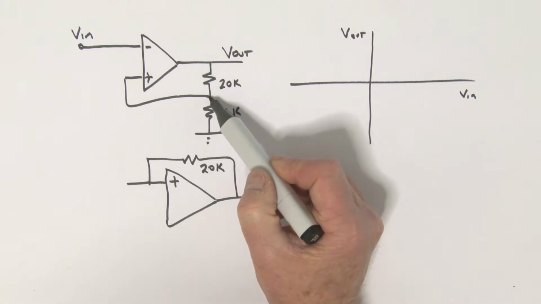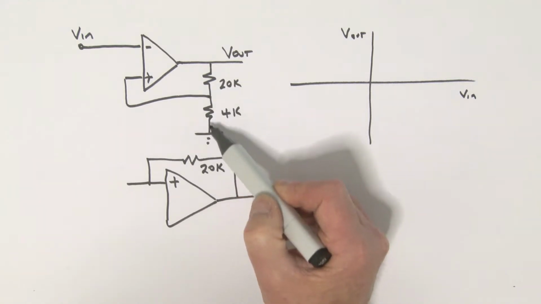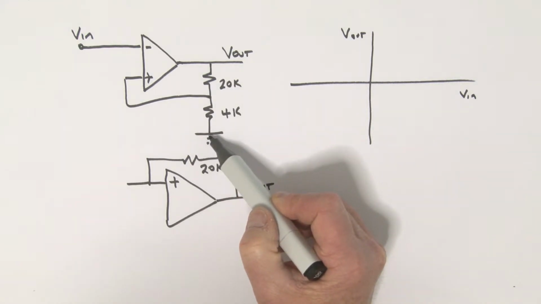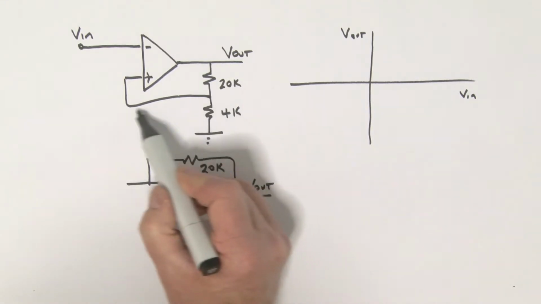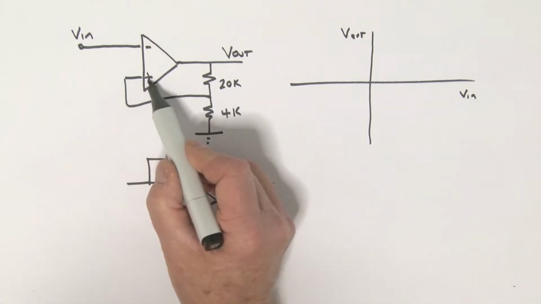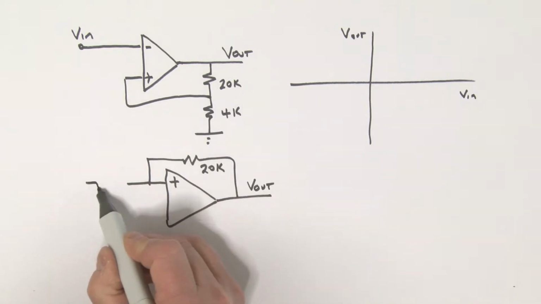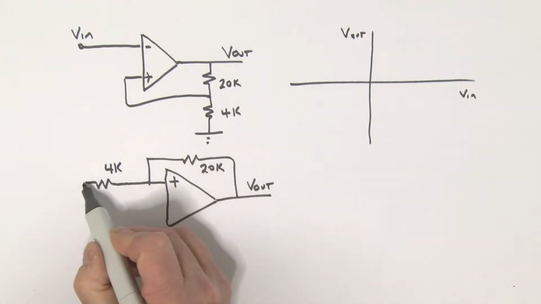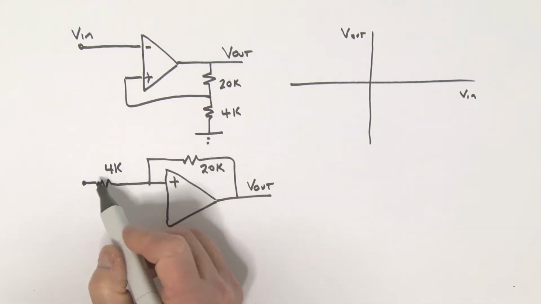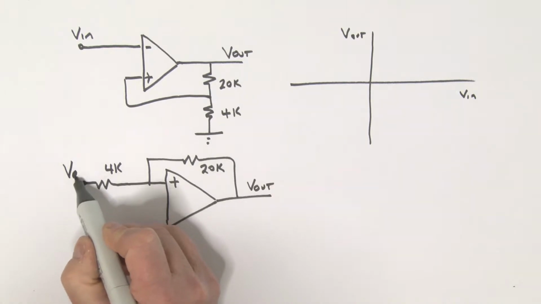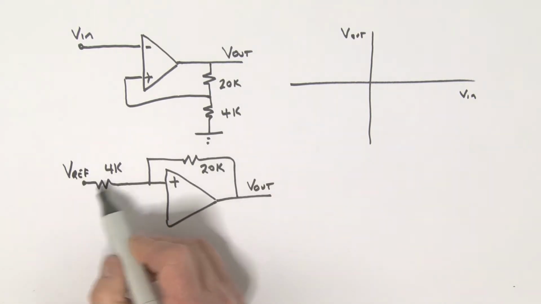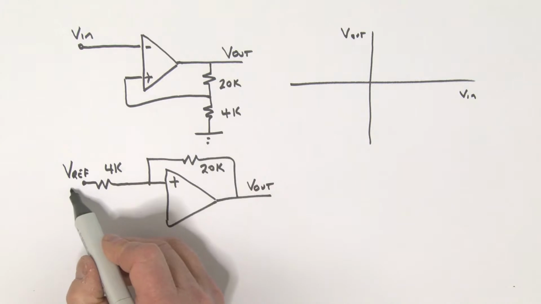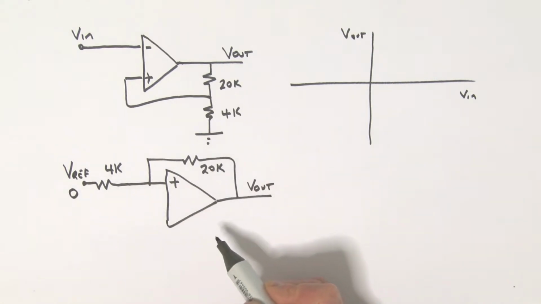All right, the other side here, this point right here, to ground in this case, or 0 volts, is a 4K resistor. So that also is connected, is it not, to the non-inverting input. This is going to be then my reference voltage, which is V reference. But in this case, that reference voltage is really held at 0, is it not?